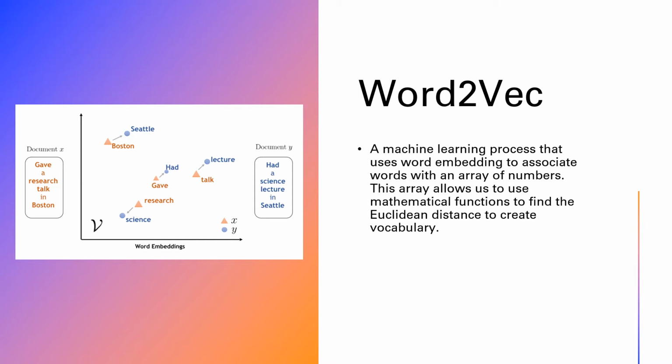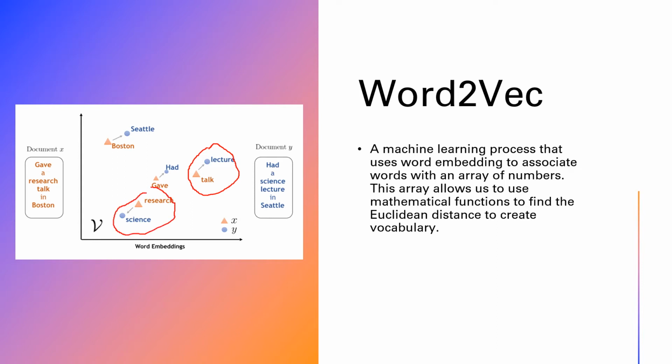So if we were given a set of words, we can translate those to vectors and map those vectors to see which words are similar. As you can see here, you have lecture and talk. These are similar, and they're very close to each other in Euclidean distance. You can see research and science.